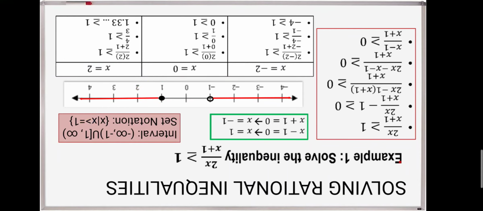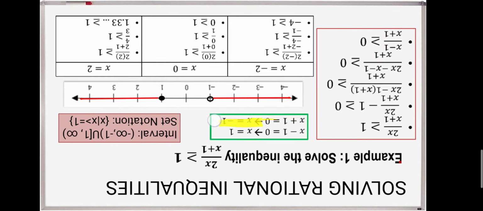Okay, so again, to solve an inequality, we have to change this to general form. Okay, then after that, solve the inequality. So we obtain this, then equate the numerator and denominator to 0.